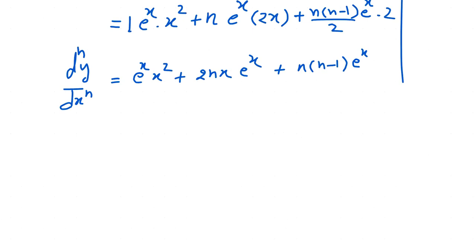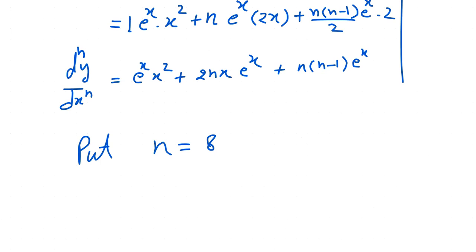So put n equal to 8. We also need to find the second order and first order derivatives, because we need to show left hand side is equal to right hand side. N is equal to 8.